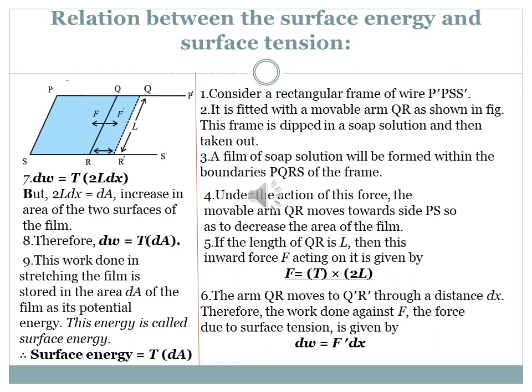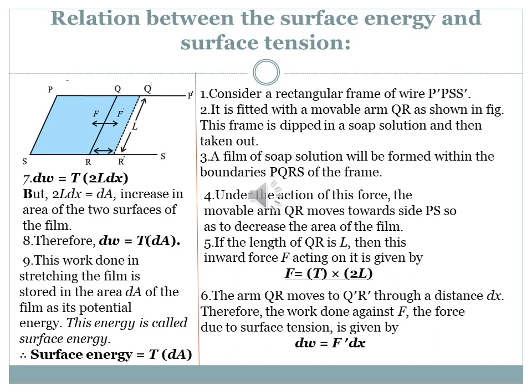Now what happens when the work is done? This work done is actually stored as potential energy, which moves that piston outside. So this is nothing but energy, and that energy is called surface energy. So this work done is converted into surface energy.